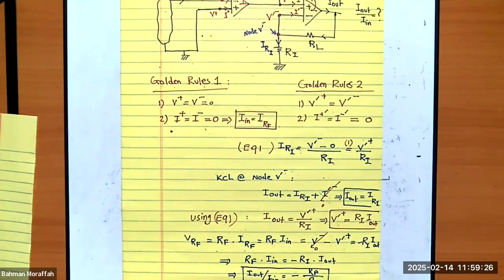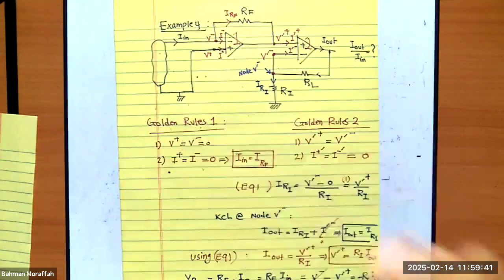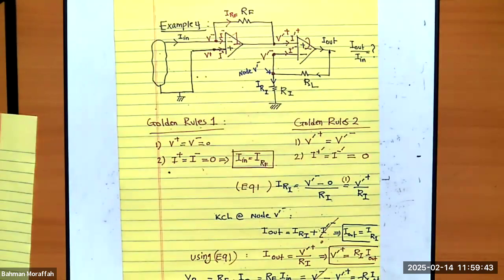So let me explain this one more time, because that's quite complicated. And if you understand this one, we pretty much can solve any op-amp, right? We have two op-amps. Let me just move this a little down. We have two op-amps, both ideal op-amps, which means golden rules apply to both.